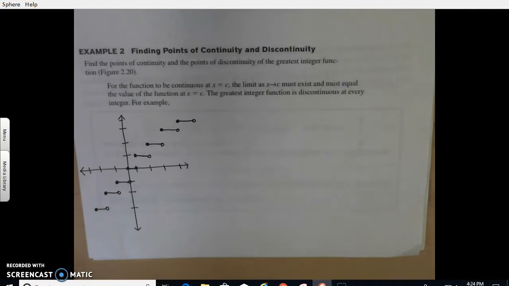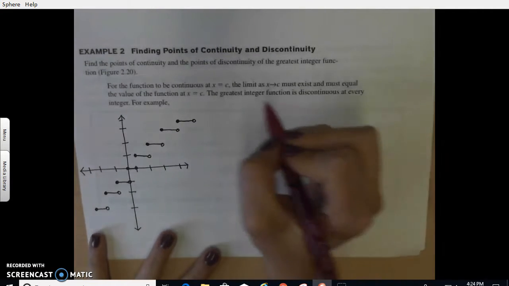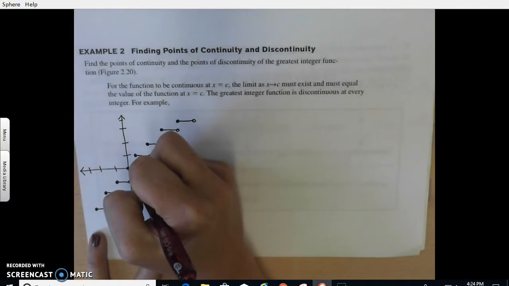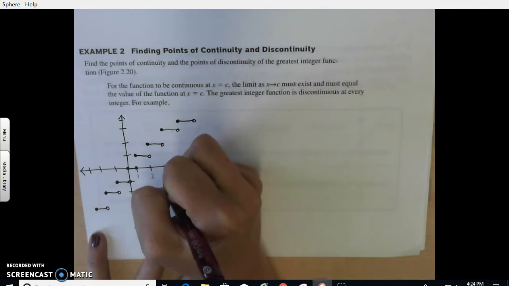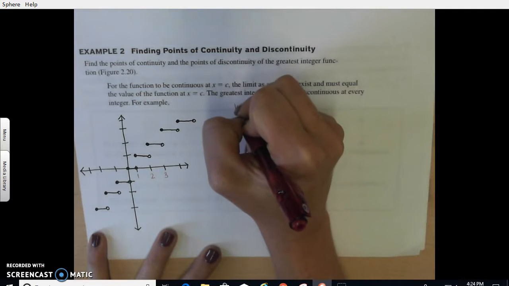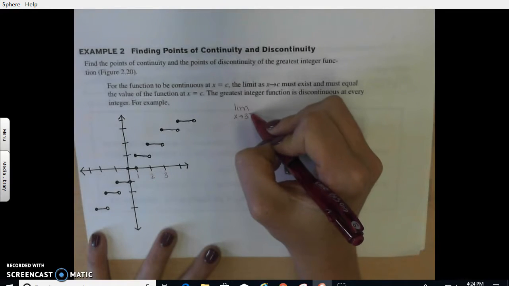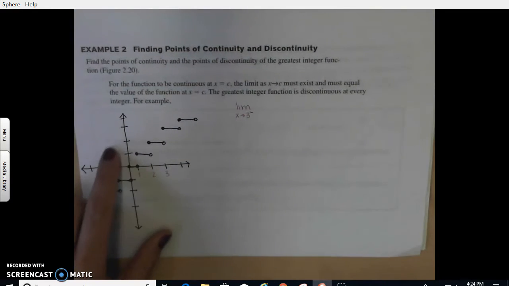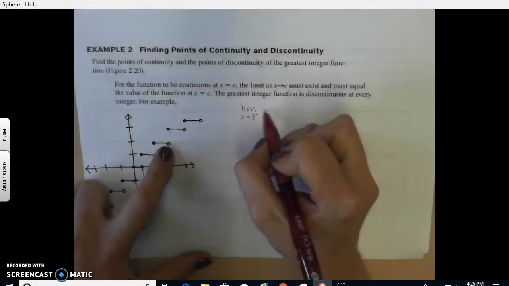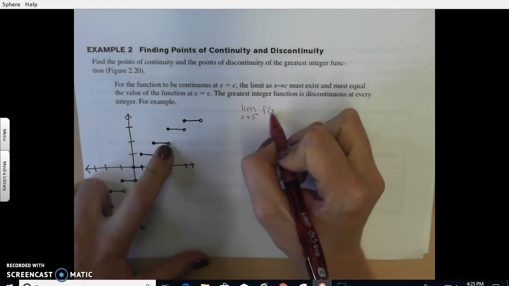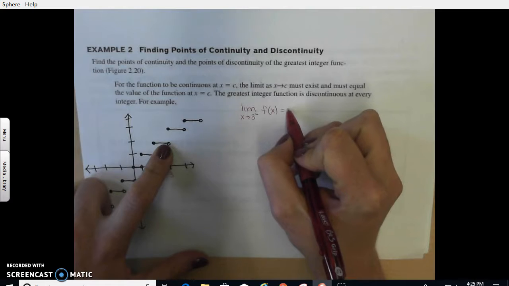So let's pick a value. I'm going to pick 3. I'm just going to label it for us. We are going to find the limit as x approaches 3 from the left, which is equal to 2.